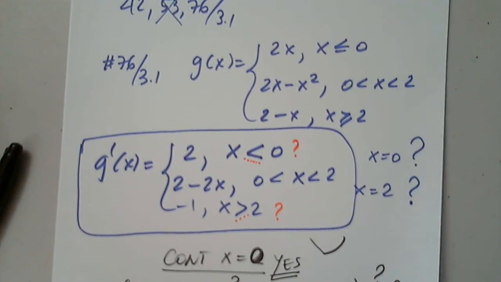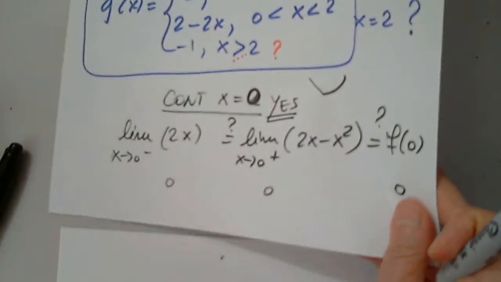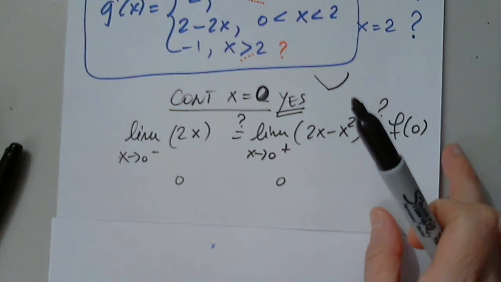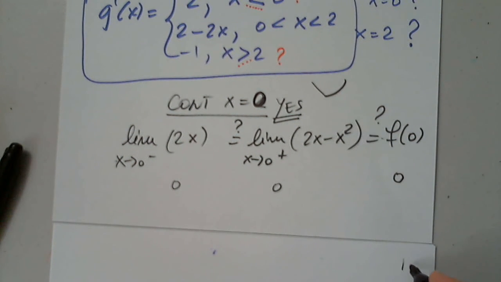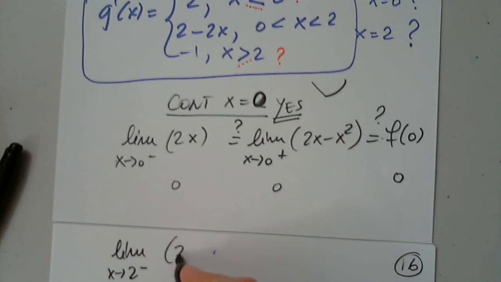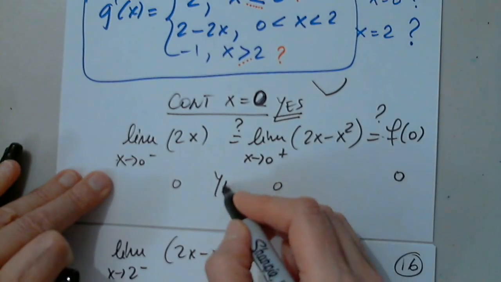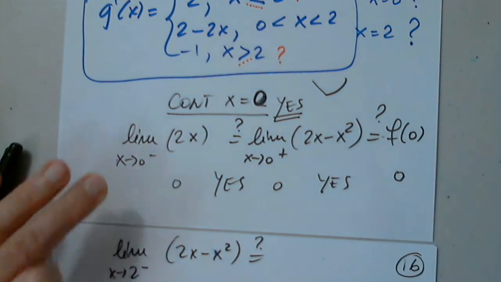I'm going to check 2 to see if the function is continuous at 2. So I have limit as x approaches 2 from the left of 2x minus x squared. Does it equal, so this was all yes, they're all 0.